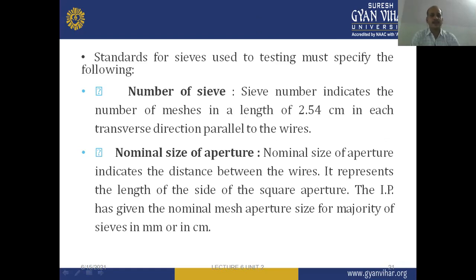So what are the different numbers of sieve? Standards for sieves used for testing must specify the following parameters. The first parameter is the number of sieve, as we discussed, the mesh number. Sieve number indicates the number of meshes in a length of 2.54 centimeter in each transverse direction parallel to the wires.